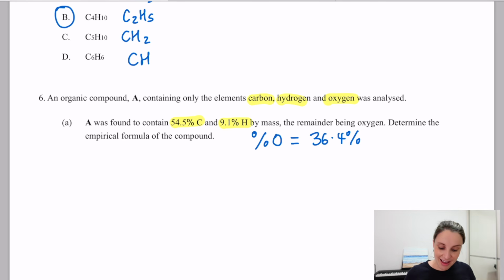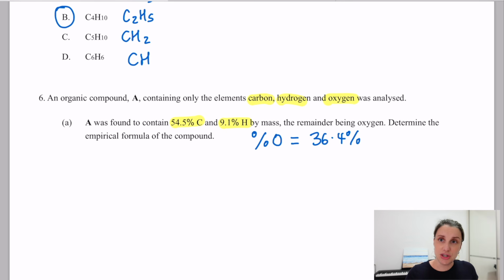The way we work out empirical formula is the ratio of the moles of each element within that compound. So we need to work out the ratio of the moles. Like if I've got 1 mole of one, how many moles by comparison do I have of the other one? In this case though, I can't work out moles from a percentage.